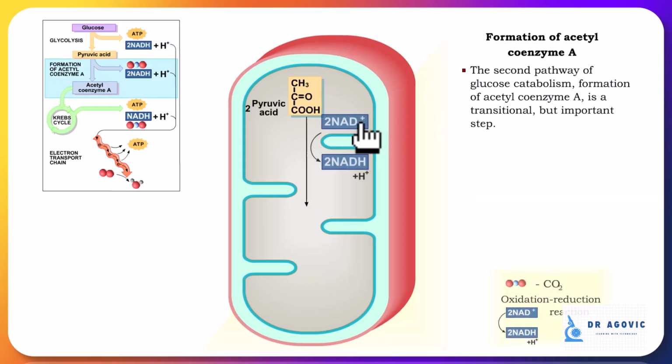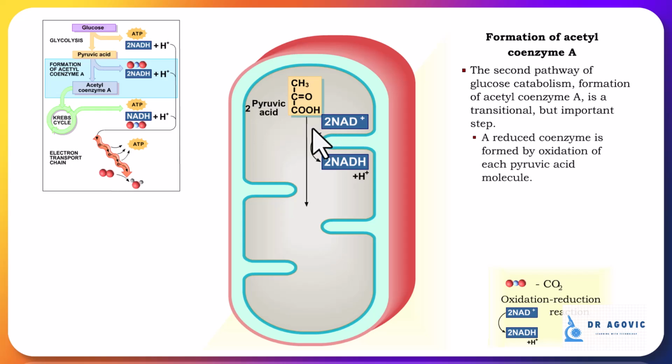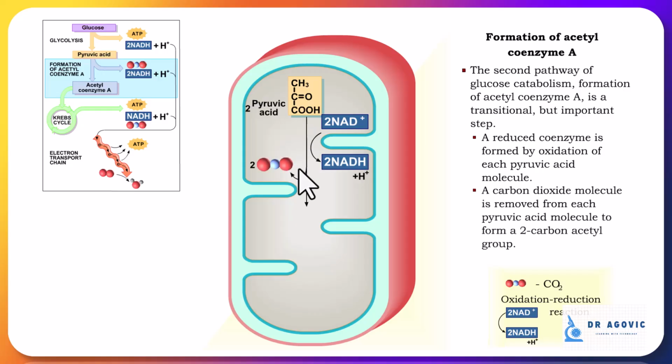During the second step of glucose catabolism, which is the formation of acetyl coenzyme A, each of the 2 pyruvic acid molecules resulting from glycolysis is oxidized to produce a reduced coenzyme. In addition, each pyruvic acid molecule loses a carbon dioxide molecule to form an acetyl group.